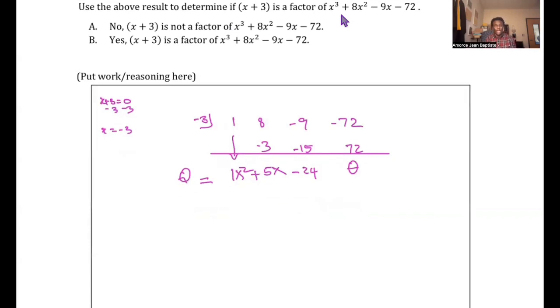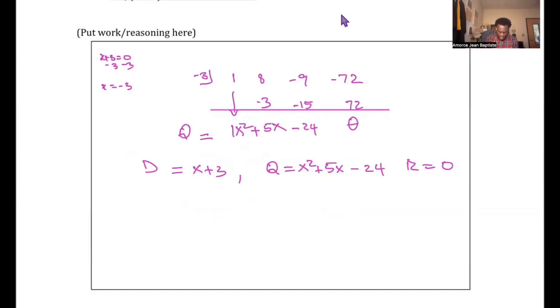So we can write it as divisor times quotient plus remainder. So divisor was x plus 3. We have the quotient that is x squared plus 5x minus 24, and the remainder that is 0.